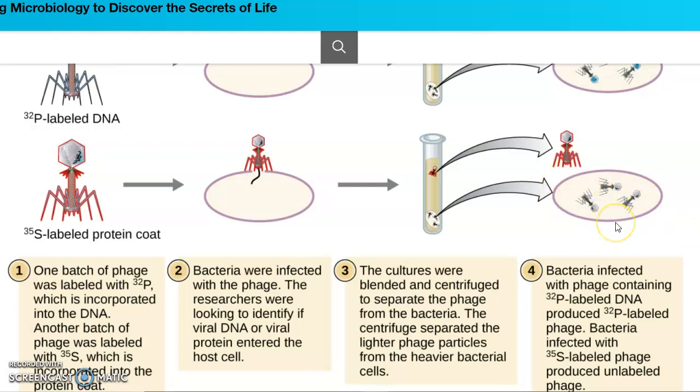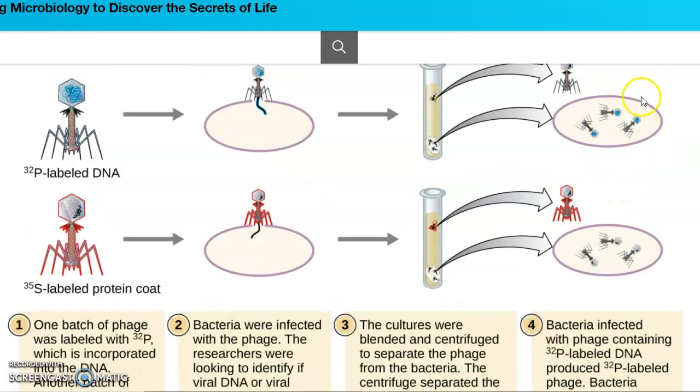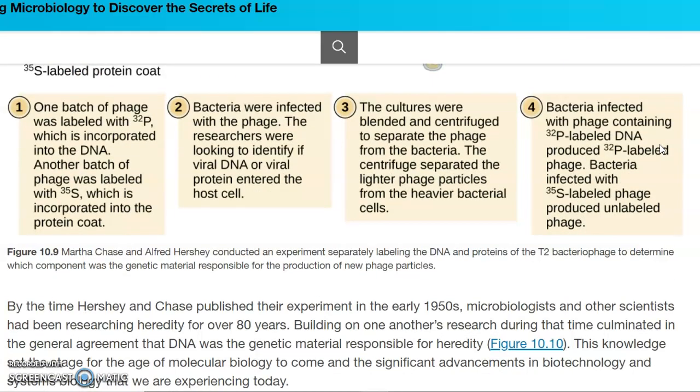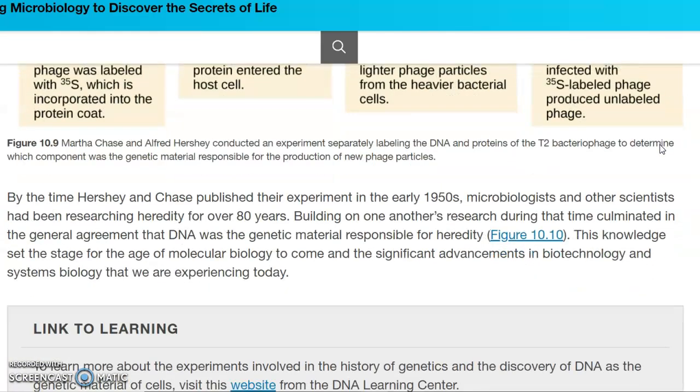There was no radioactivity in the phages. So what they found was that only the DNA is what was being injected, and so therefore the DNA is what has to be the genetic material. And so this was published in the 50s, and this really cemented the idea that DNA was the genetic material.